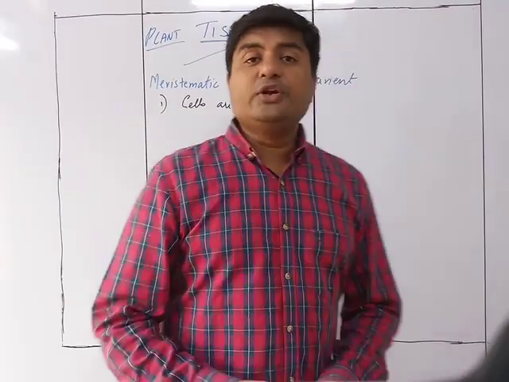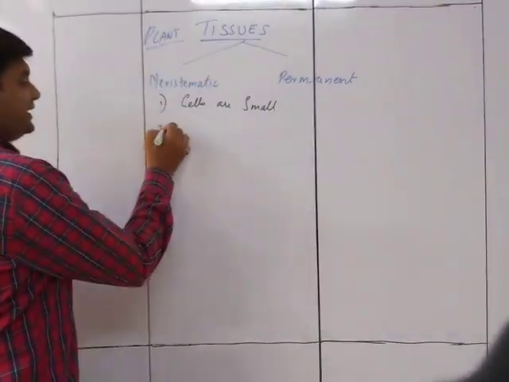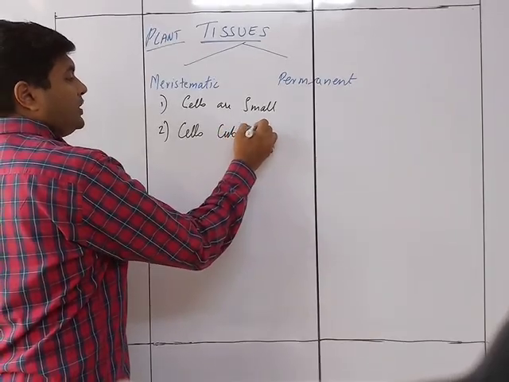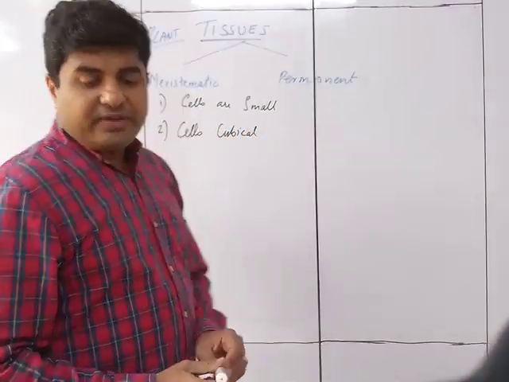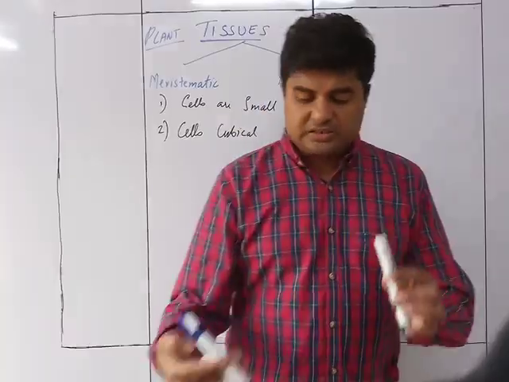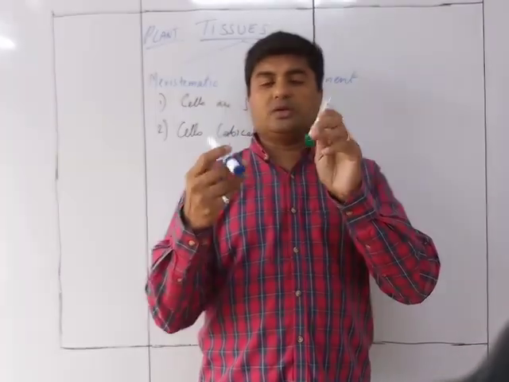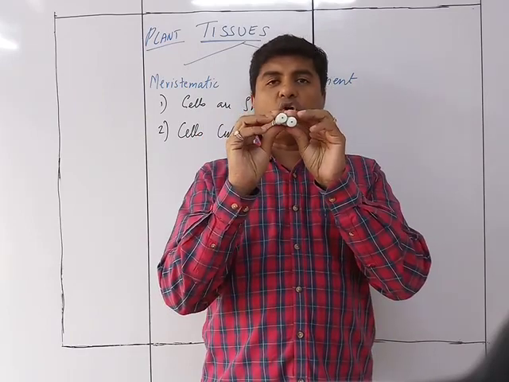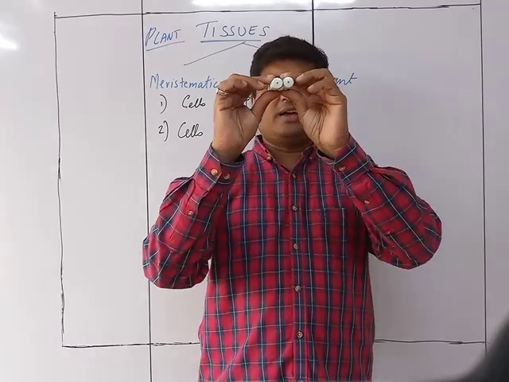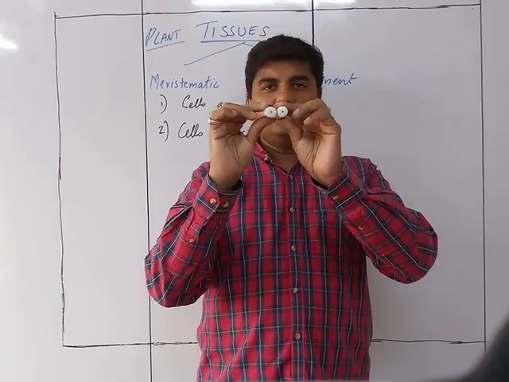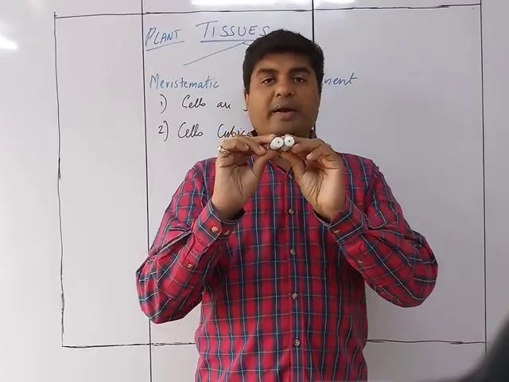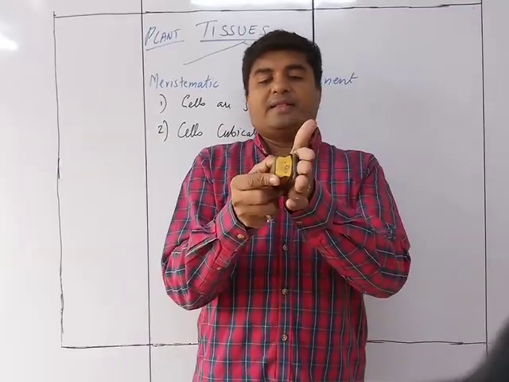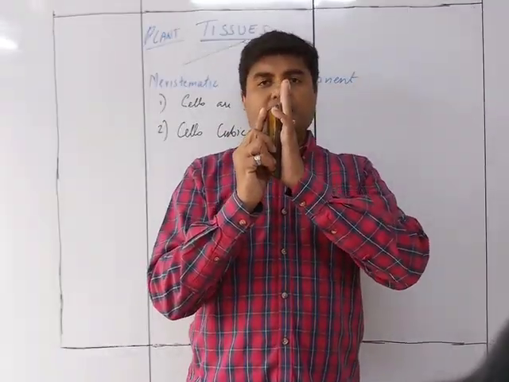Second, cells are usually cubical. Now why cubical? If I see that this would have been two circles like this, this is one circle and this is another circle over here. If these two circles are placed side by side, what is the area of contact between the two? You can see it's only a thin line between the two, right? But if this would have been a square, if this is one thing and this is another thing, what is the surface contact area?